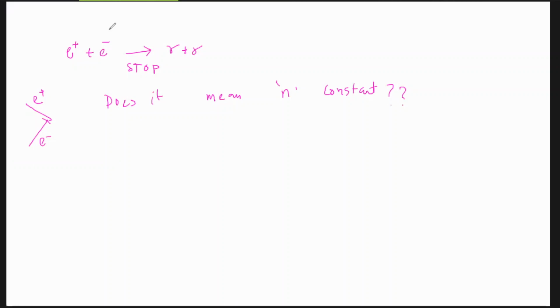So number density will be conserved? Not conserved. Number density will be constant or it will change from now onwards? It should decrease, because of expansion. Exactly. Because the volume is becoming bigger and bigger still.